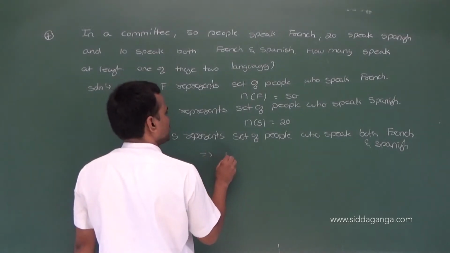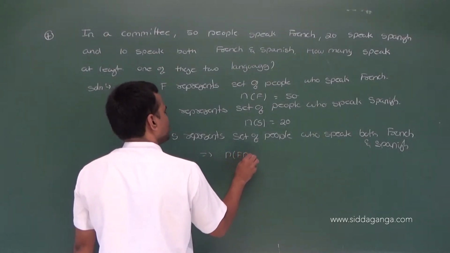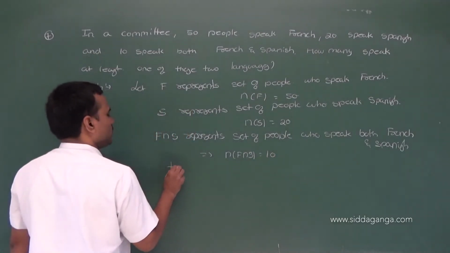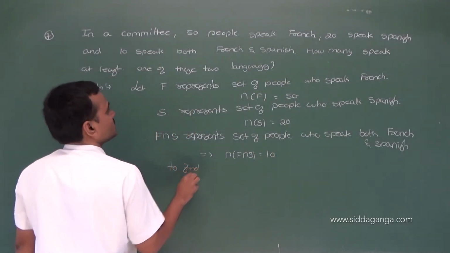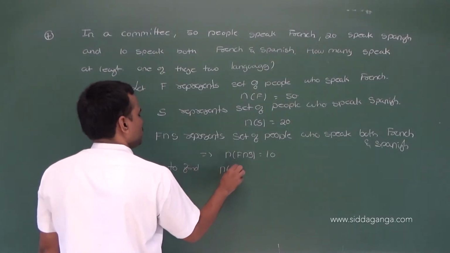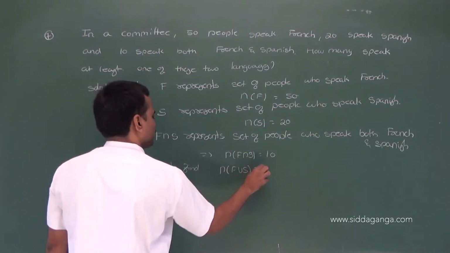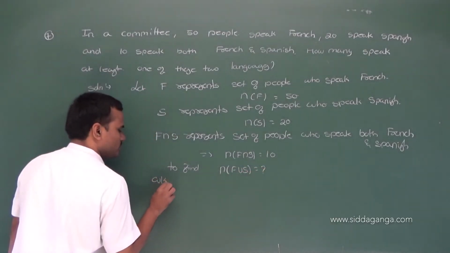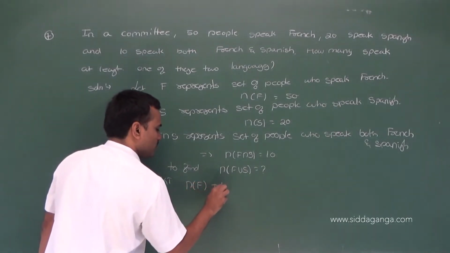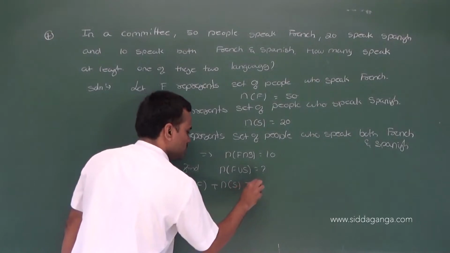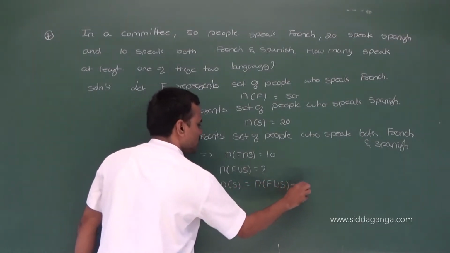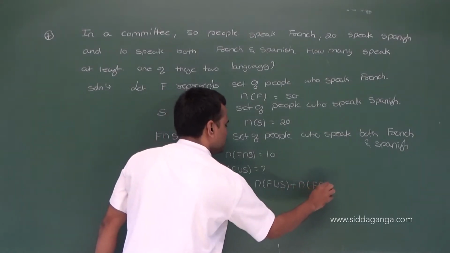That also given. That implies n of F intersection S is how much? 10. To find at least one of these two languages means n of F union S. We know that n of F plus n of S is equal to n of F union S plus n of F intersection S.